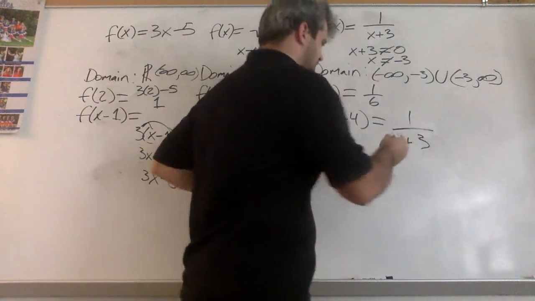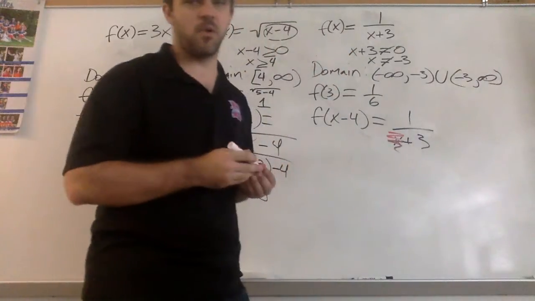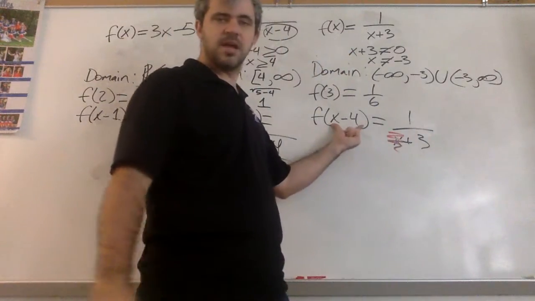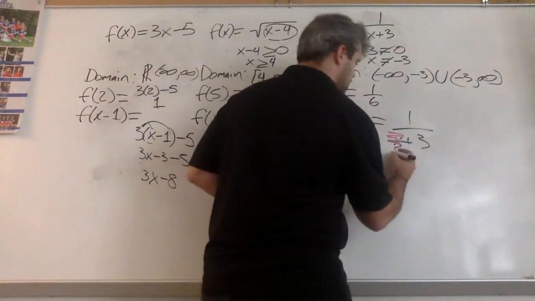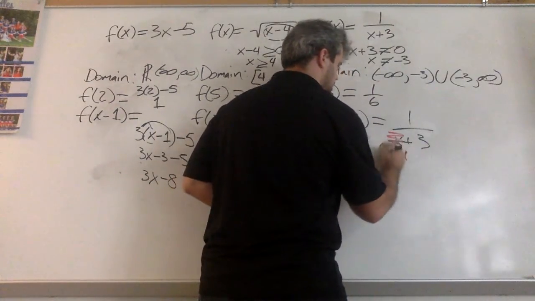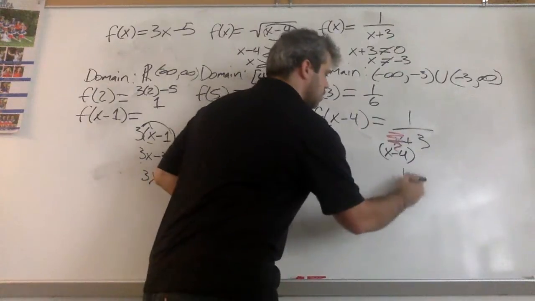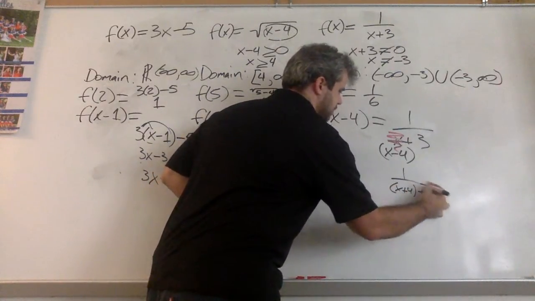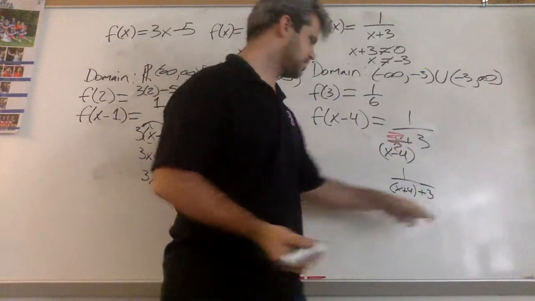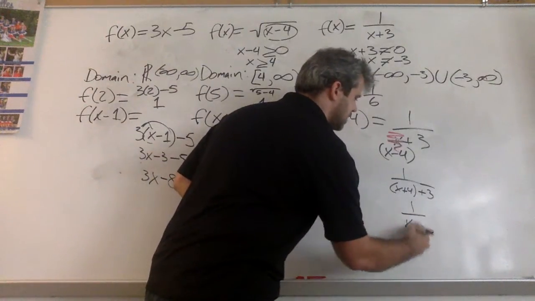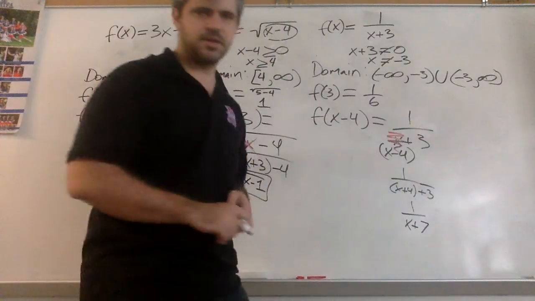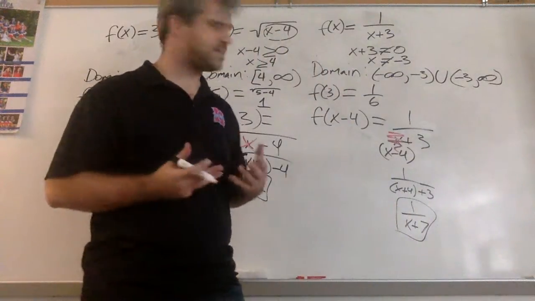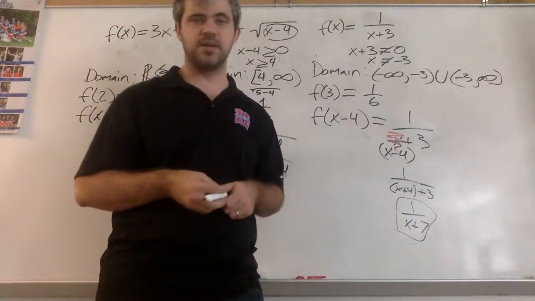And then just say, no, I don't want this anymore. I'm going to change that input. Change it to what? X minus 4. So 1 over x minus 4 plus 3. X minus 4 plus 3, that's just x minus 1. So that is the value of our function when we input x minus 4.